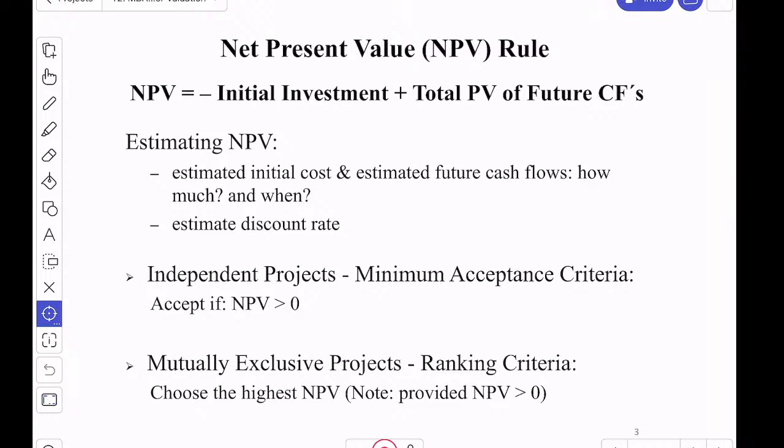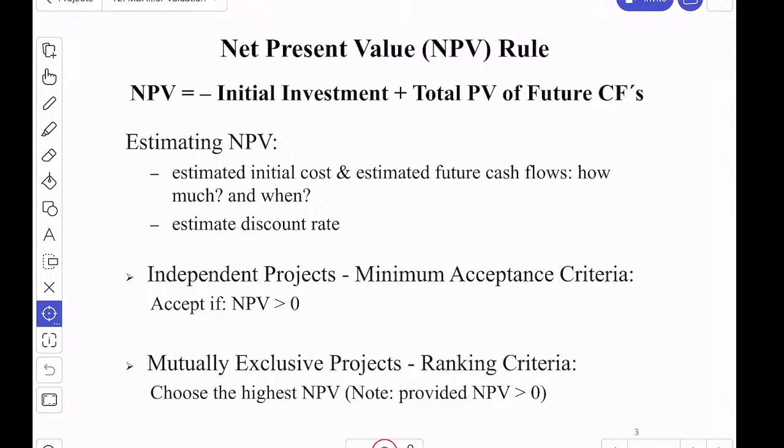So again, in estimating NPV, you're going to need to know the estimated initial cost, the estimated future cash flows, how much and when, and of course, you need to have estimated a discount rate that you should use. So lots of estimates go into this. So you might want to do this several times with different estimates to evaluate your project. Whether you're doing it for your own business or on behalf of a company, you need to be able to communicate your results at the end.